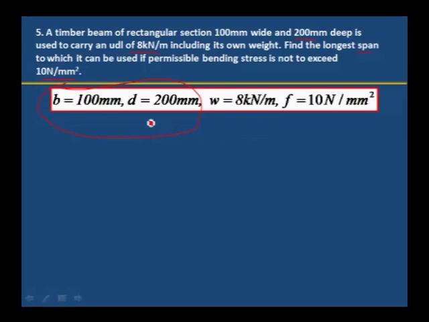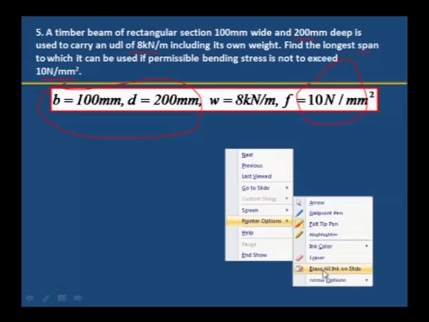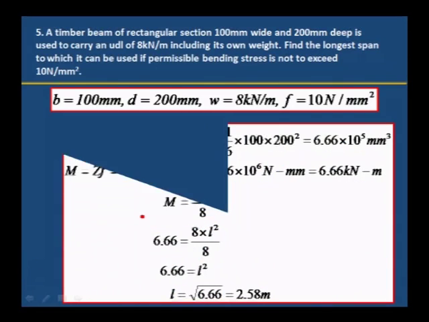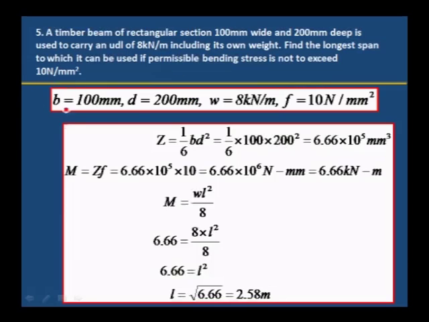Z and F are given in the problem, therefore we get M. Then, M is equal to WL square by 8 for a simply supported beam, from where we can get L, the span. Like that, before solving the problem, you should analyze which formula is suitable for the particular problem, and then substitute.